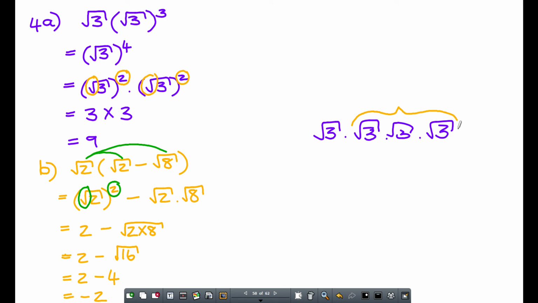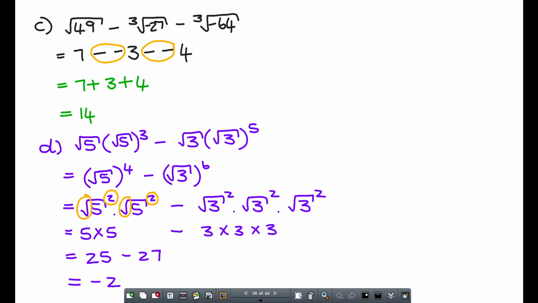So that was square root 3 to the power 3. And now, can you see it's actually the same thing multiplied with itself 4 times? So that's why I say square root 3 to the power 4. Okay. Right. Can I skip? You guys good? Okay. There's C and D.